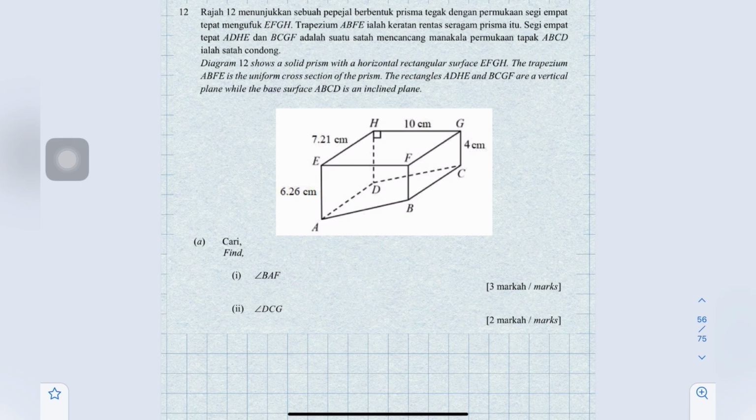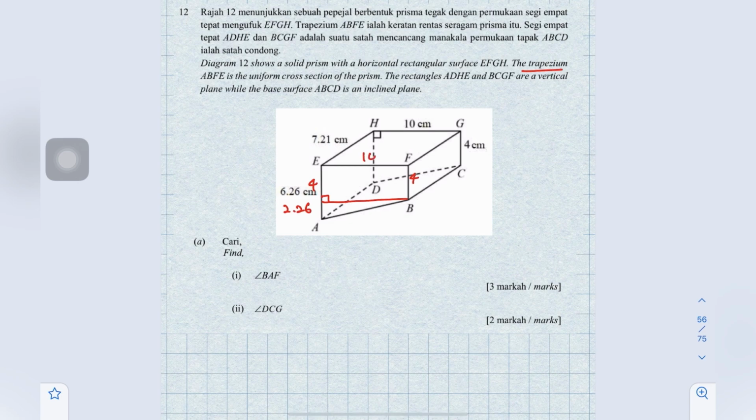A, find angle BAF. Before finding BAF, we label first. This one is trapezium ABFE, so AE is parallel to BF. This one we can cut off. So this one 4, 4, and this one 2.26. This is 90 degrees.